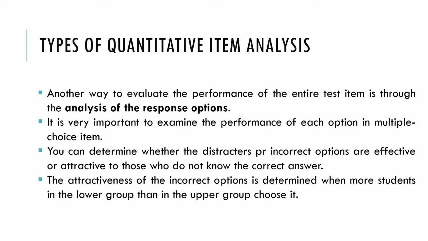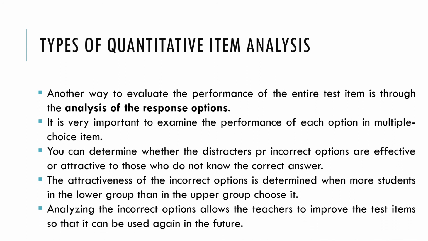Magiging attractive yung tinatawag natin na maling sagot kung merong mas maraming nakakuha ng maling sagot coming from the lower group compared sa upper group. Next, analyzing the incorrect options allows the teachers to improve the test items so that it can be used again in the future. So we really have to analyze not just the correct answer, but also the incorrect options. So that is the analysis of response options.